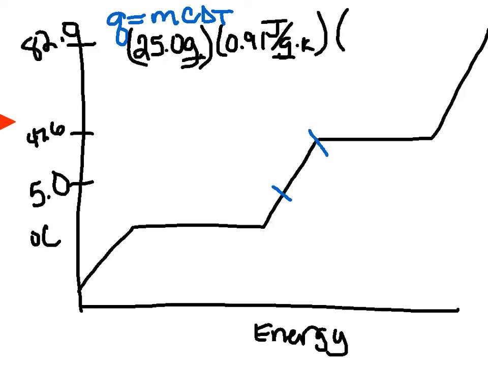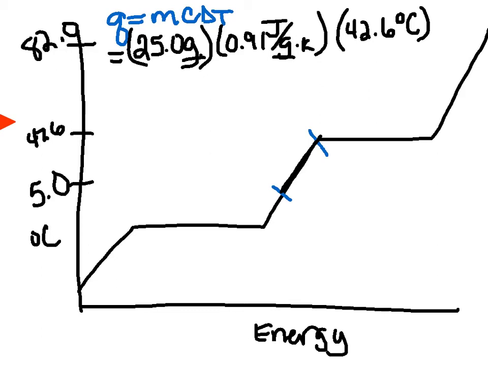And the change in temperature that we're looking at is going from initial temperature of 5 to a final temperature of 47.6. And our change in temperature is always final minus initial, T final minus T initial. That gives us a change in temperature of 42.6 degrees Celsius.